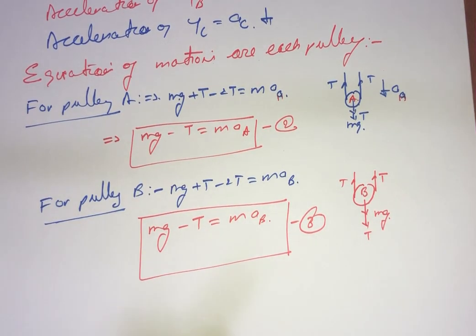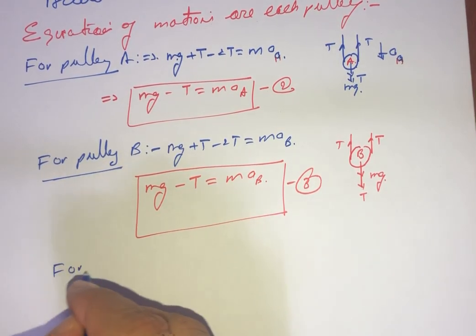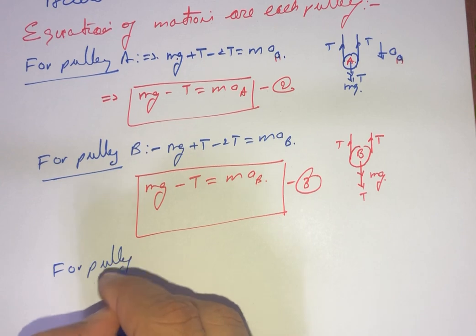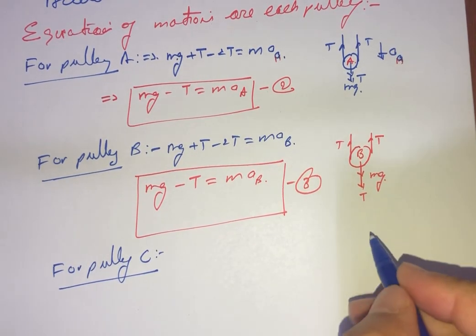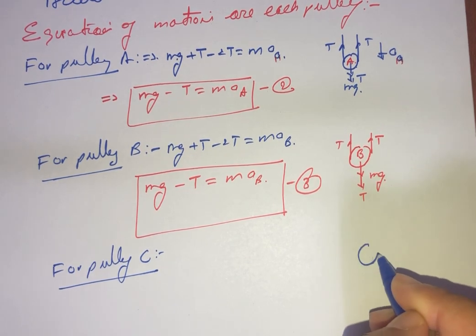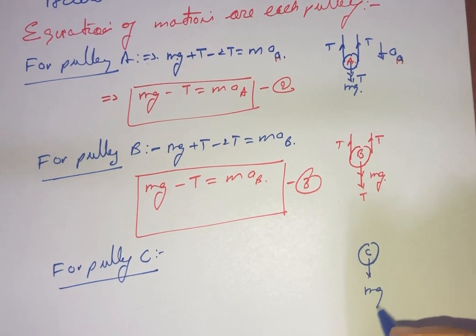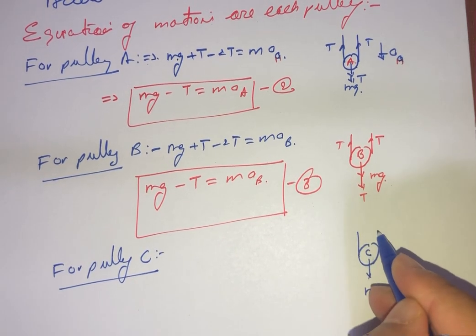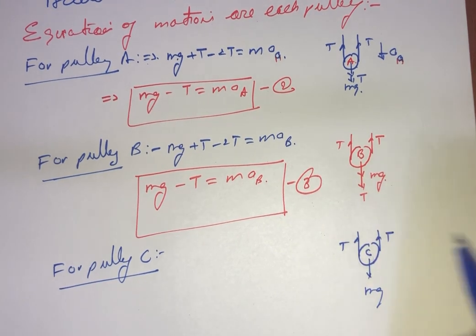And finally we write for pulley C. This is pulley C, it is going to have mg in the downward direction, and we have tension T in the upward direction.